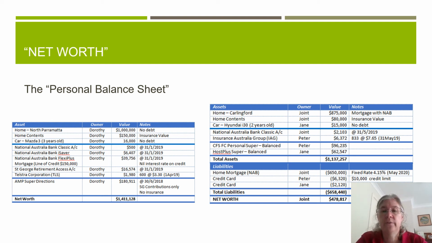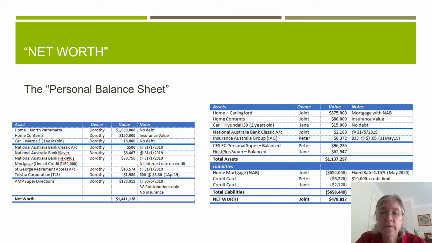Let's have a look at the one on the right. Now, that was only for Dorothy, the one on the left. The one on the right is for both Peter and Jane. So we've got their assets. We've got a home in Carlingford, and you can note that the owner, they've got jointly owned. We've got the value in there, and there's a note saying there's a mortgage.